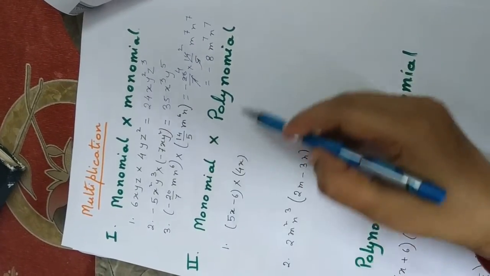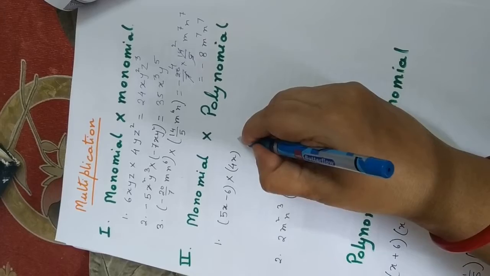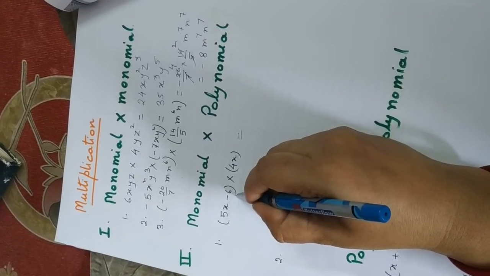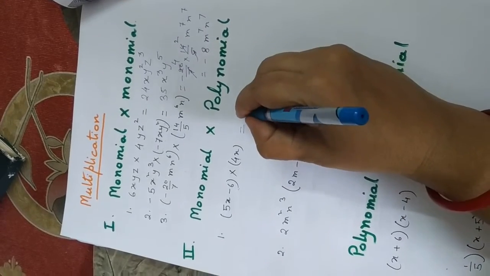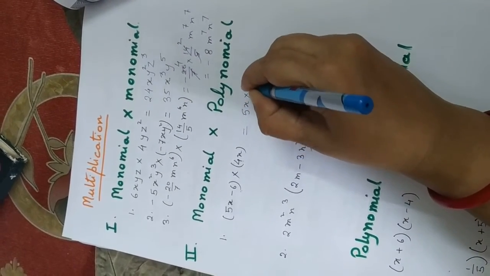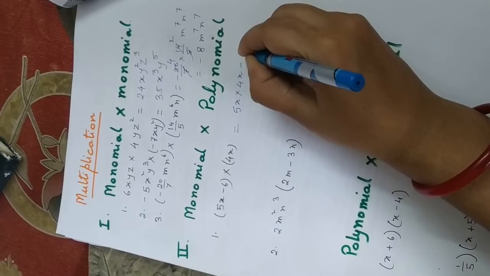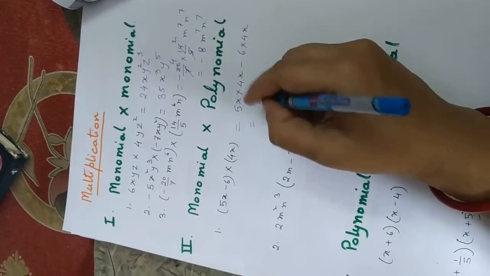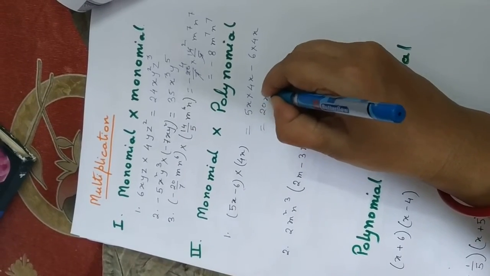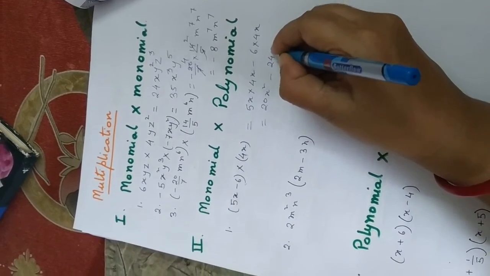When we multiply a monomial and a polynomial, each term inside the bracket should be multiplied by the monomial. So here 5x into 4x minus 6 into 4x. Now do the calculation like the previous one. 5 fours are 20x square minus 24x.